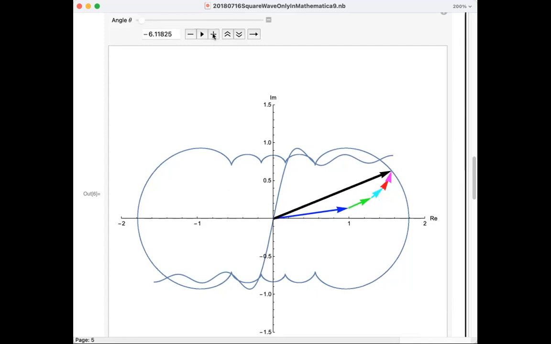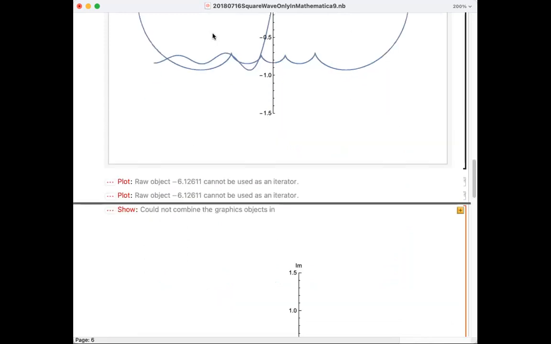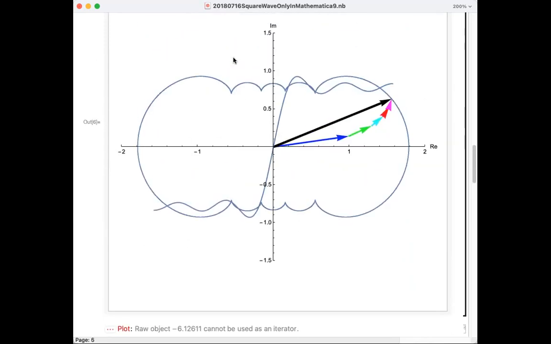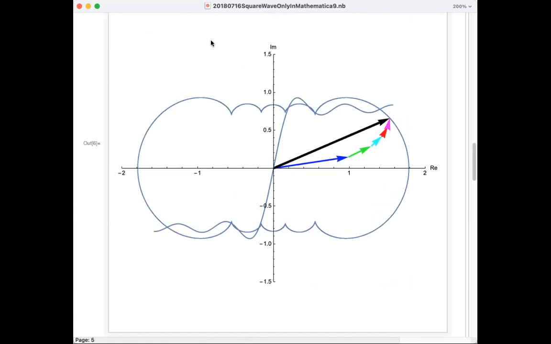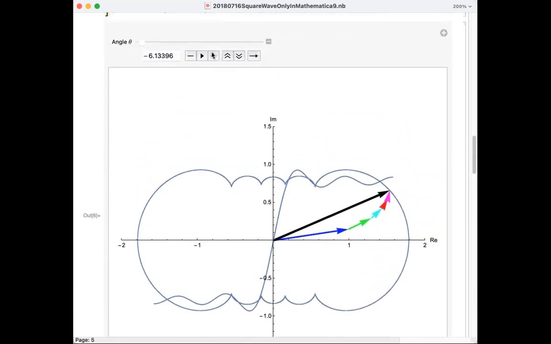Oops, what happened there? I may have made it too fine of steps. You can see how that lavender one up at top, which is the ninth, it's going to roll around. Well, let's just put it into play and see what happens.